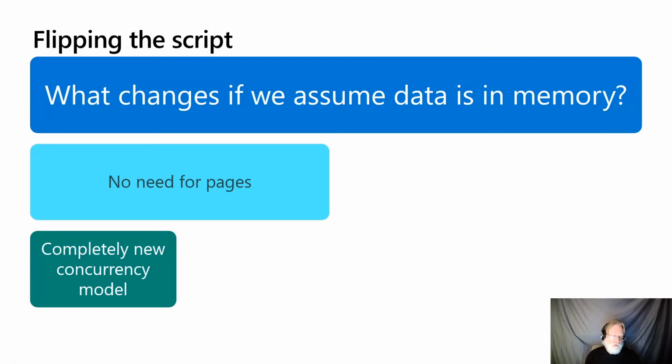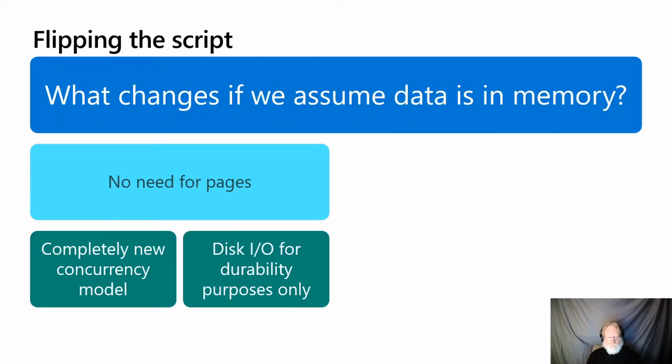It's a new concurrency model because we don't have the same structures that have to be protected, and we can think things through differently. We can create different structures for how we keep the storage, what the data looks like, that gives us more options. Disk I/O is typically done for durability purposes only, rather than as the primary copy of the data.